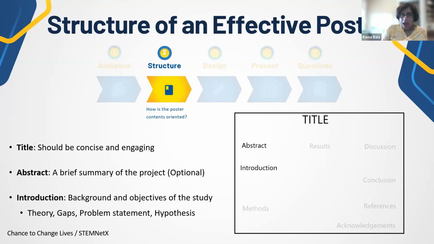Most titles or most posters have a short abstract, which is a summary of your research that you have done, captured in a paragraph, typically 6 or 7 sentences, followed by an introduction. You may also find posters that start out with just an introduction without an abstract.